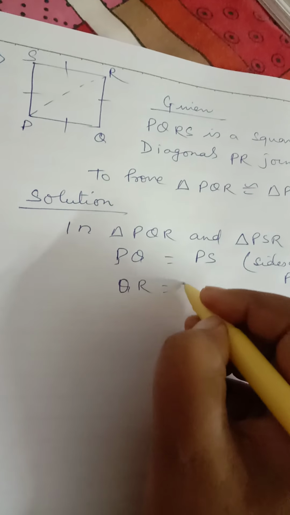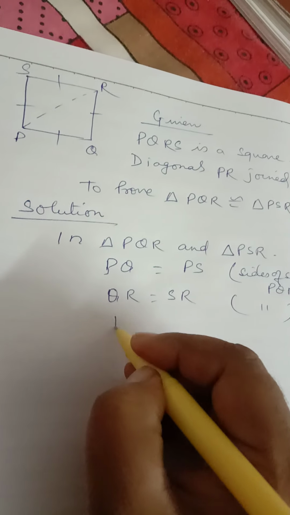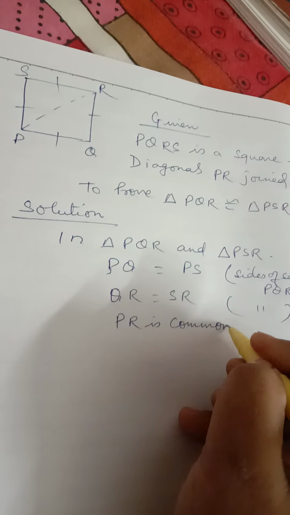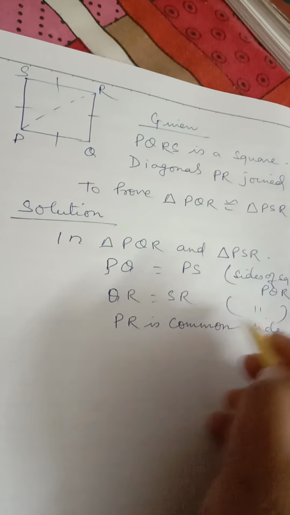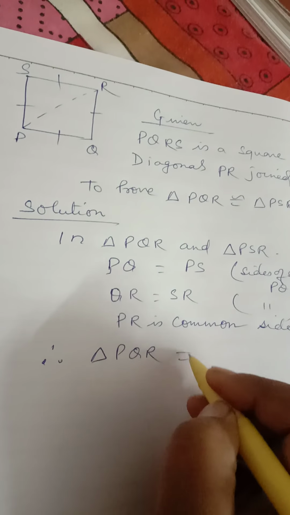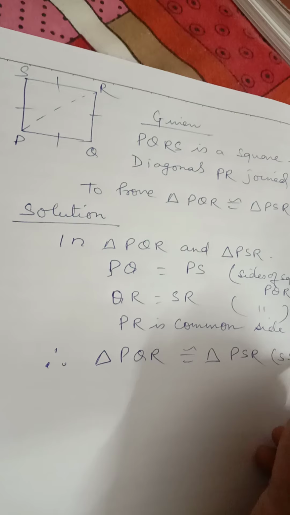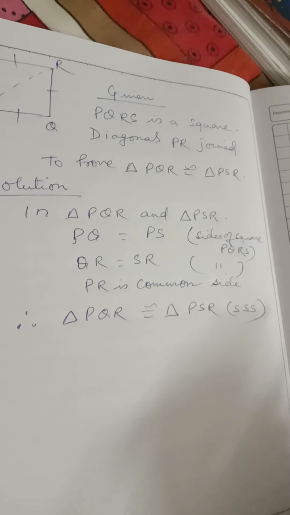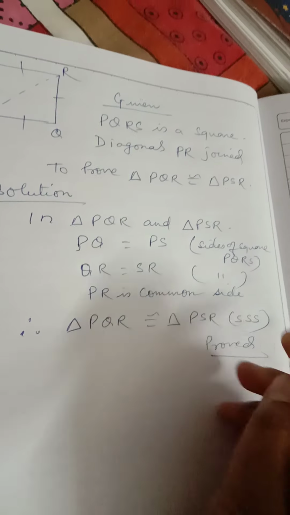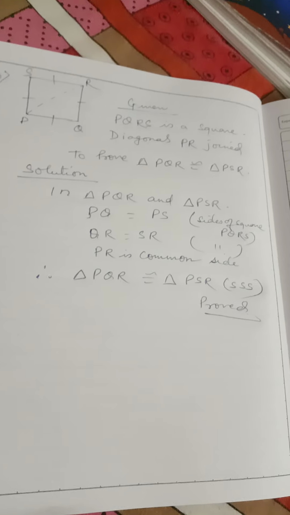QR is equal to SR, sides of square PQRS. PR is a common side. Therefore, triangle PQR is congruent to triangle PSR, SSS condition proved. It was question number 5. Please have a look.